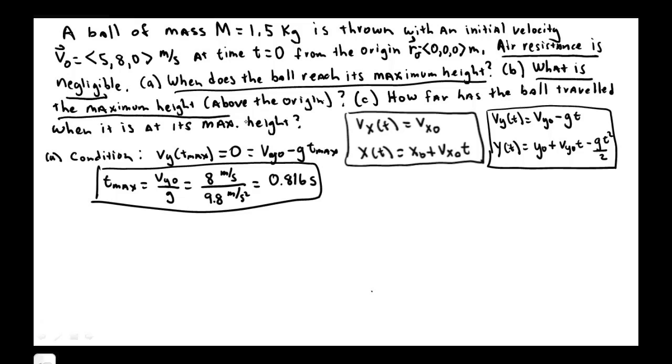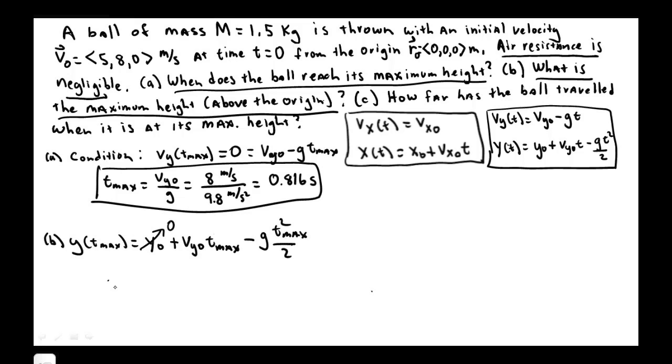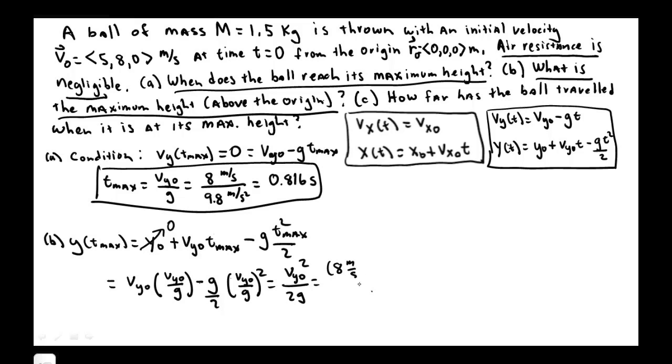Next, for part B, we can find the height of the object at that time by evaluating our expression for y sub t at t equals t max. We do this symbolically first, and when we do the algebra, we obtain this result, which, when we plug in our numerical values, gives us pretty much what we found from our computer solution.